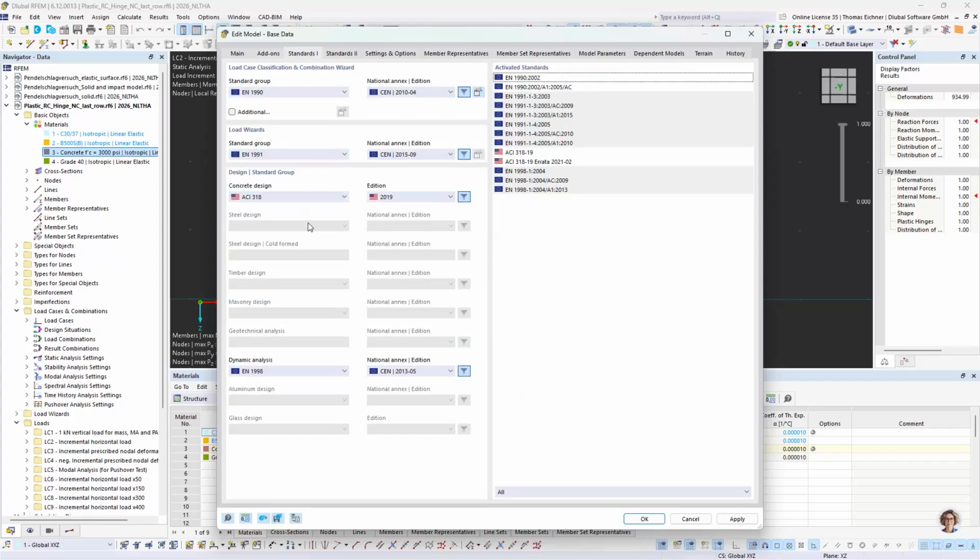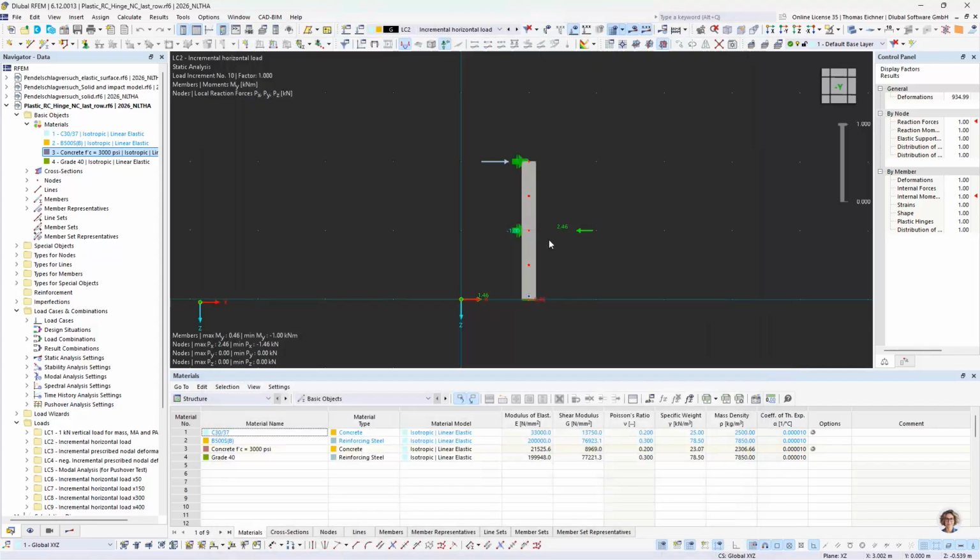And for them to work, the materials need to match the concrete design standards. So you can't combine Eurocode material with ACI standards, because the yielding moment will be calculated from, well, it needs to match. It's the same as the material needs to match the concrete design add-on in the concrete design add-on itself.